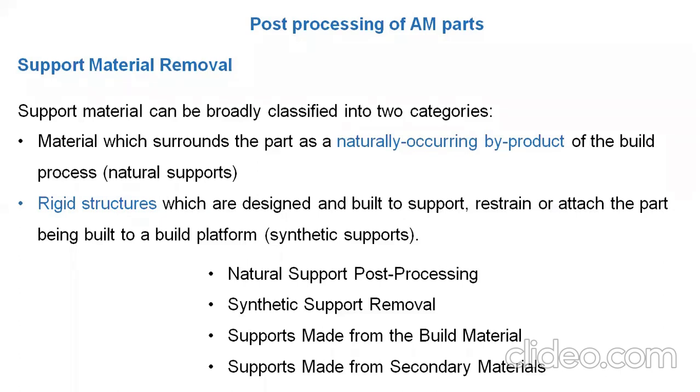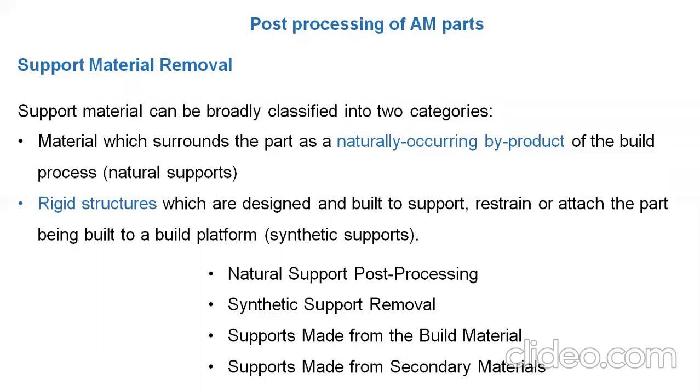As I told you, in the VAT photopolymerization process, we are using liquid photoresins, and it is solidified one layer after the other, and it acts as a support to your material. This liquid itself acts as a support. After manufacturing, we need to remove this excess material which acts as a support material. So this is your first kind of support material.